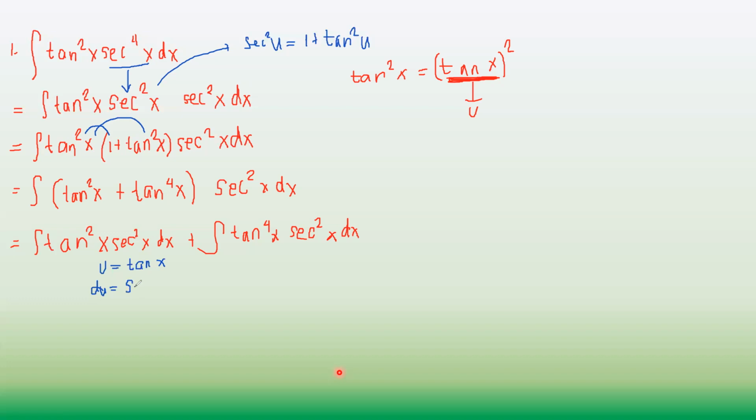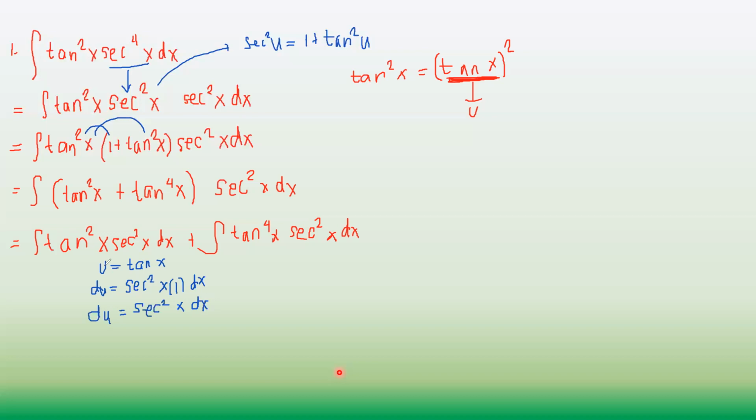Kaya magkakaroon ka ng secant squared x, ang derivative ng x ay 1, then dx. Now du is equal to secant squared x dx.